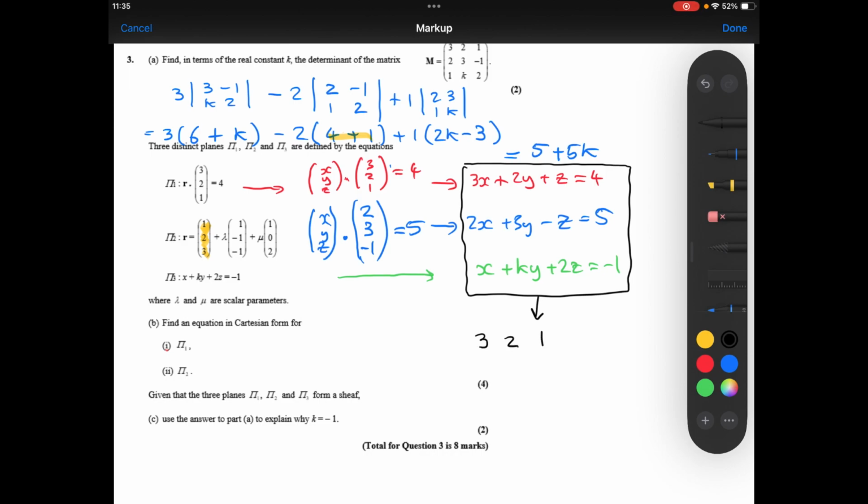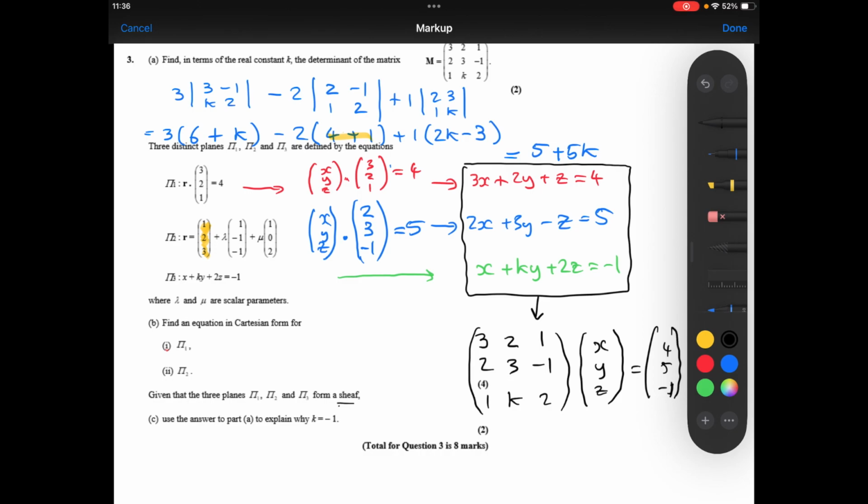So 3, 2, 1, 2, 3, minus 1, 1, k, 2, multiplied by the vector x, y, z is equal to 4, 5, minus 1.